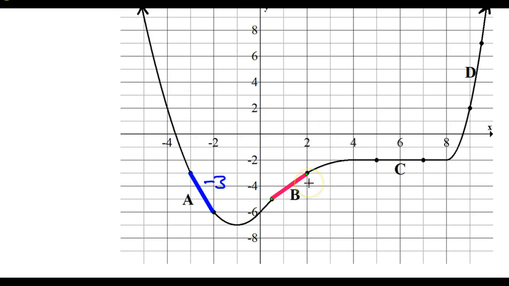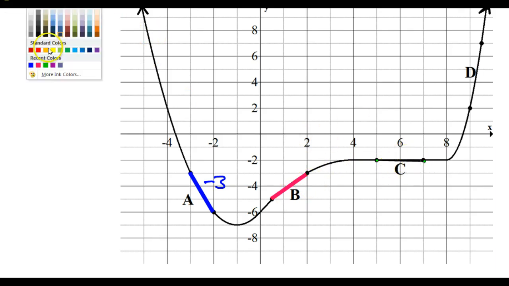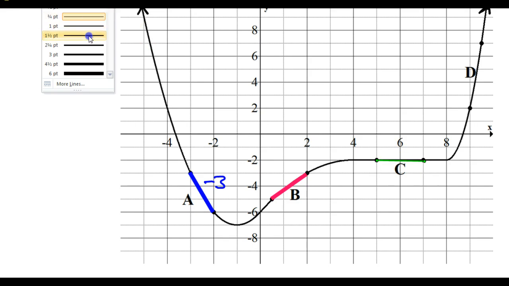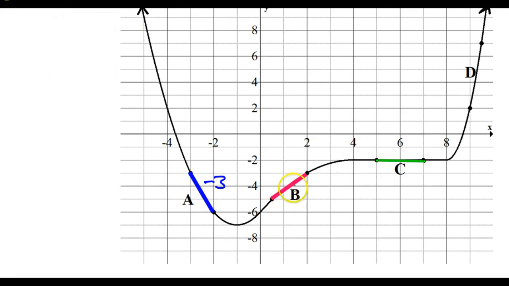Okay, so there's B, here's C. Okay, let's see, who's winning so far? B is definitely a steeper slope than C. So far B is winning. Okay, the negative one doesn't even come close because a negative slope is lower than all of the positive ones. All right, this is A is even less than C, which is flat.